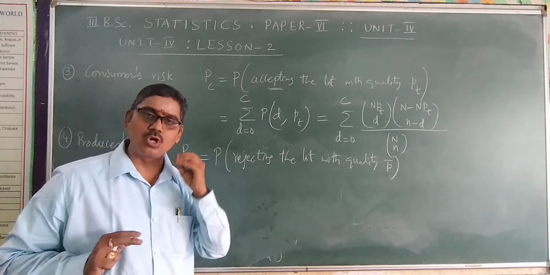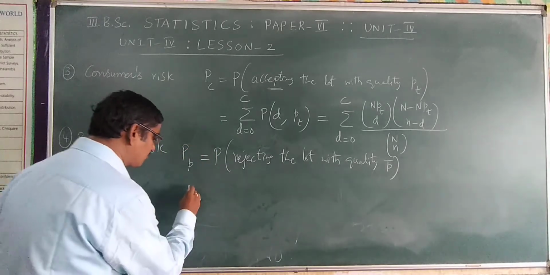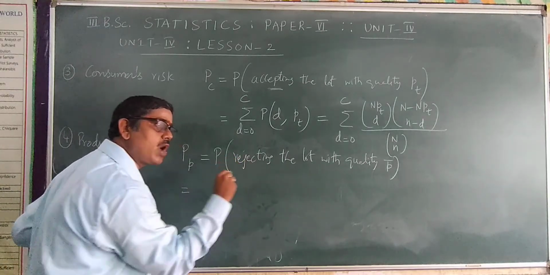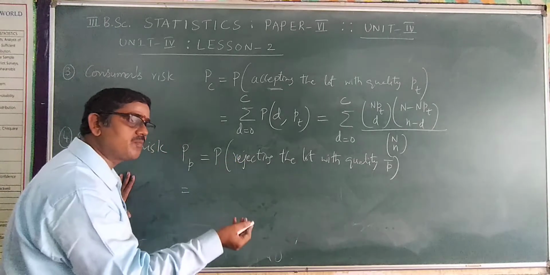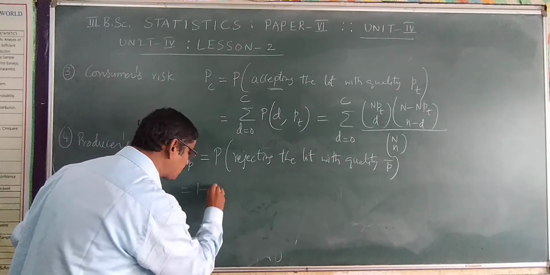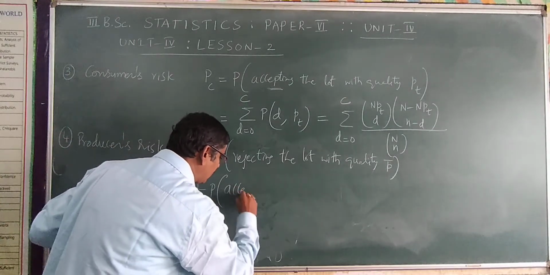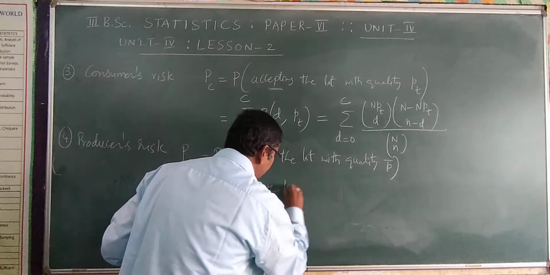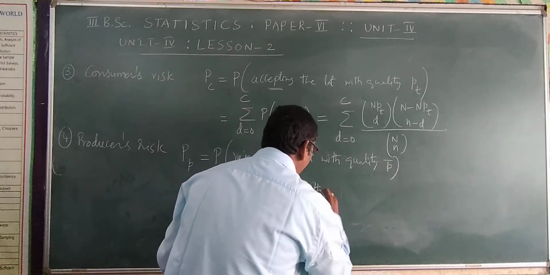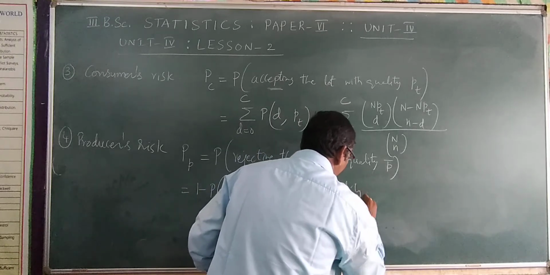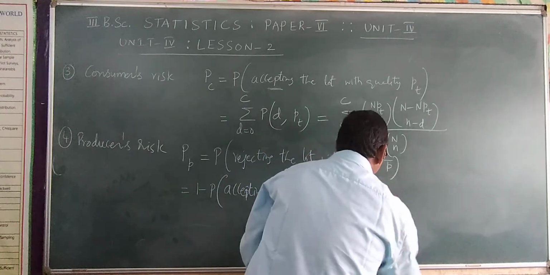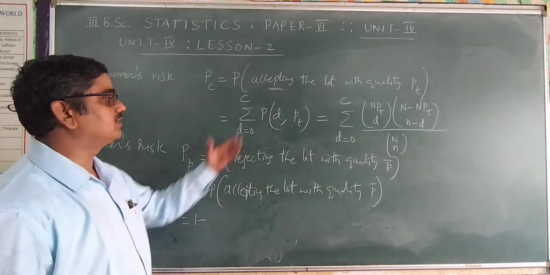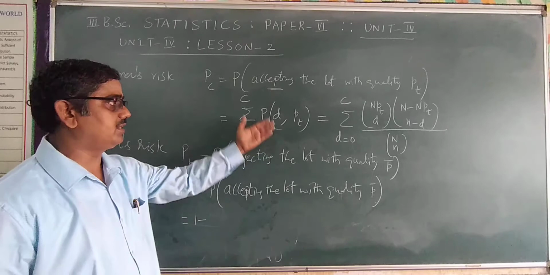We have to use those formulas. So I am converting the probability of rejection into acceptance. It is a complementary probability. So 1 minus the probability of accepting the lot with quality P bar.